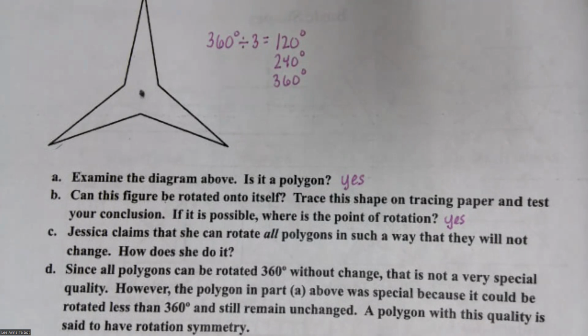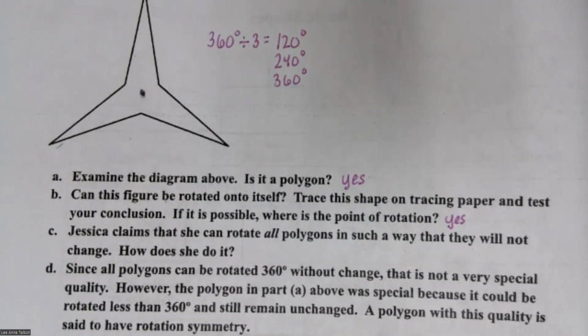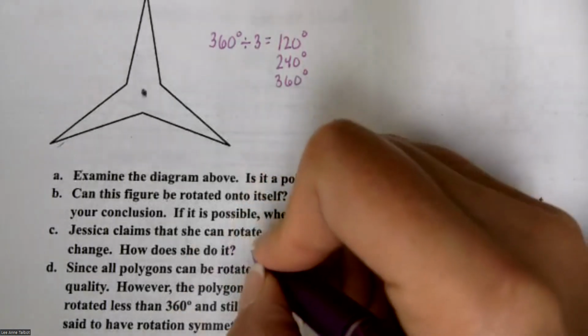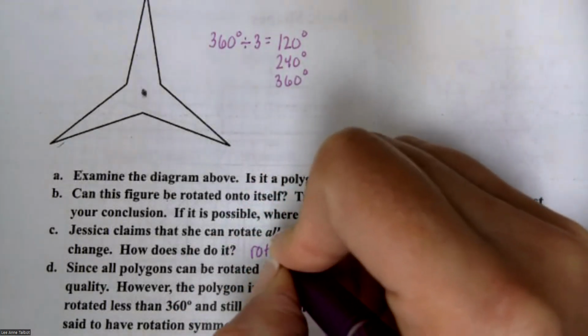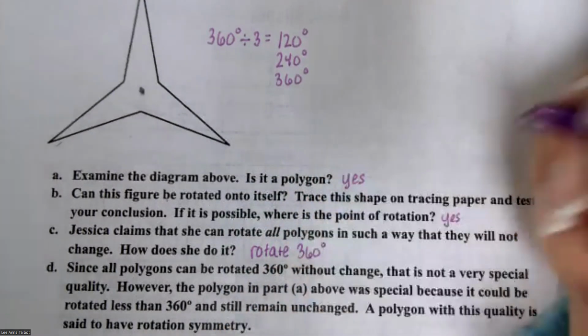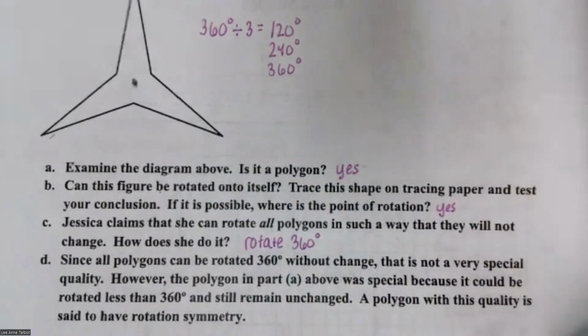Jessica claims that she can rotate all polygons in such a way that they will not change. How does she do it? How can you rotate everything? Yes, rotate 360 or any multiple of 360. So 720.